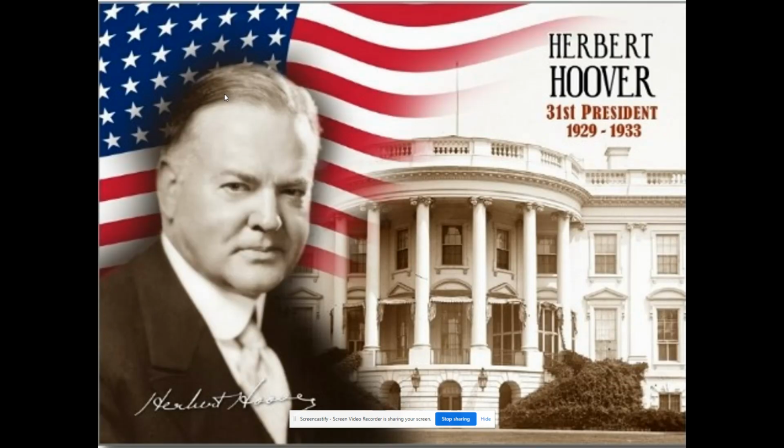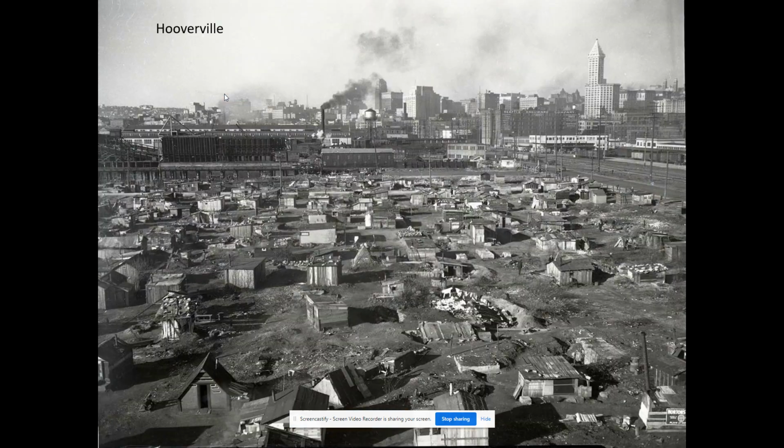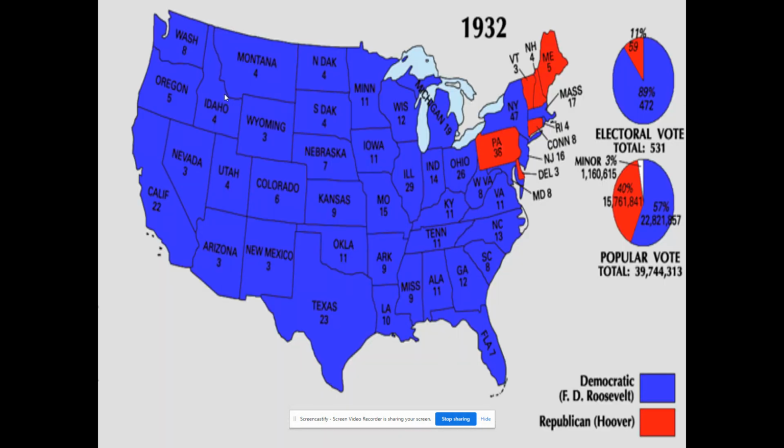So we know that Herbert Hoover is the president of the United States at the start of the Depression. He's mocked. Here we see some images of the Hooverville, Hoover blankets. And this leads to a victory by Roosevelt, the Democratic Party. And looking at this electoral college map, it just looks like a landslide victory.